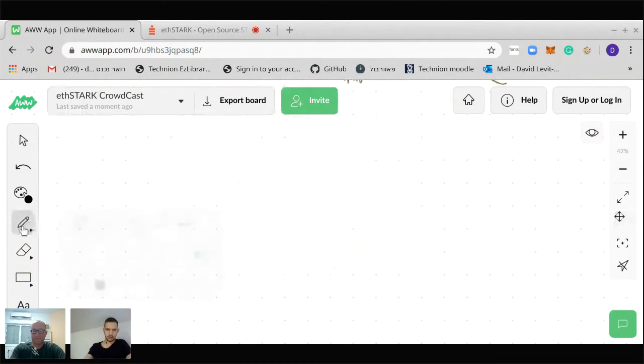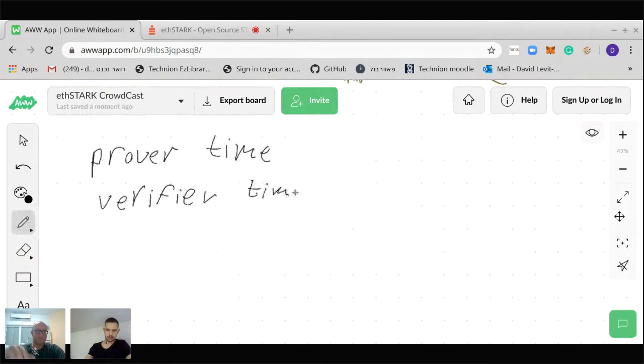There are 3 measures: the prover time, the verifier time, and the proof length. All 3 measures have trade-offs among them, so it depends on the application what the prover time, the verifier time, and the proof length are going to be.